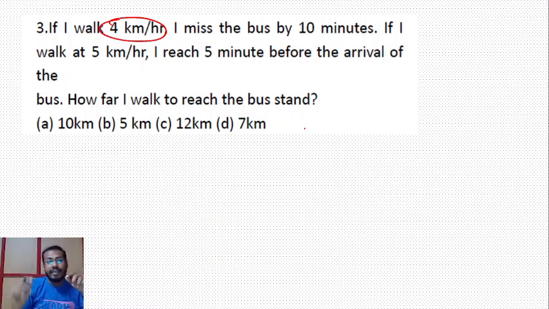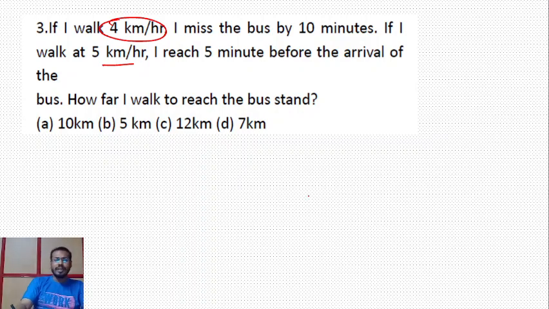But if I travel at 5 kilometer per hour, I reach the bus stand 5 minutes before, that means too early. At last they will ask the distance between office and home, school and home, or bus stand and your home.